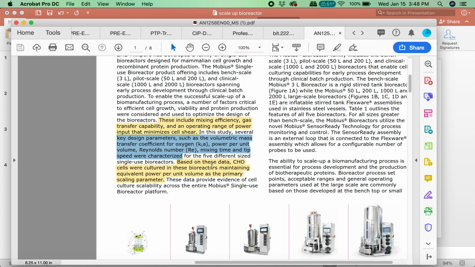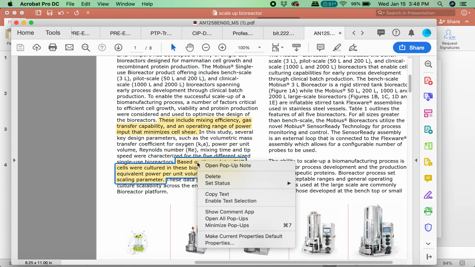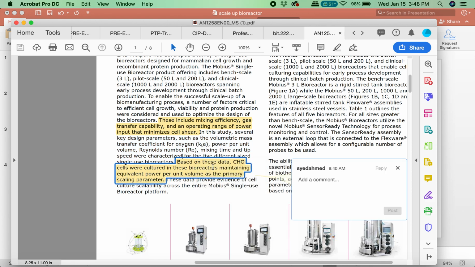And then based on these data, CHO cells were cultured in these bioreactors maintaining equivalent power per unit volume as the primary scaling parameter. So now you can explain it better.